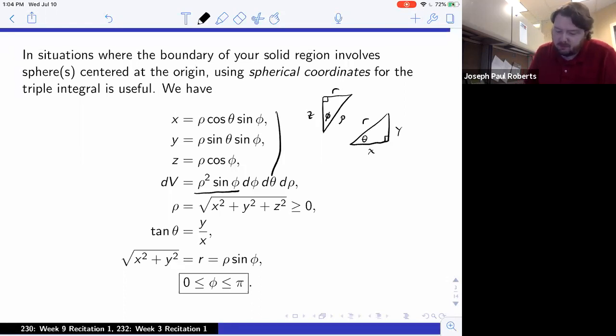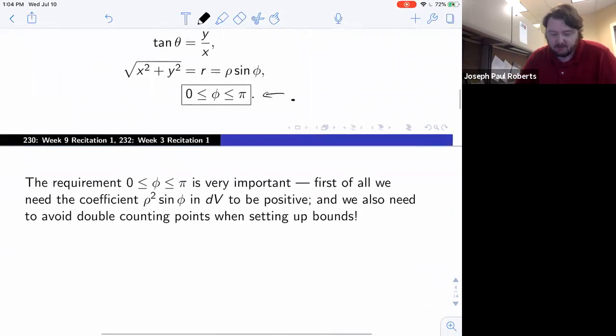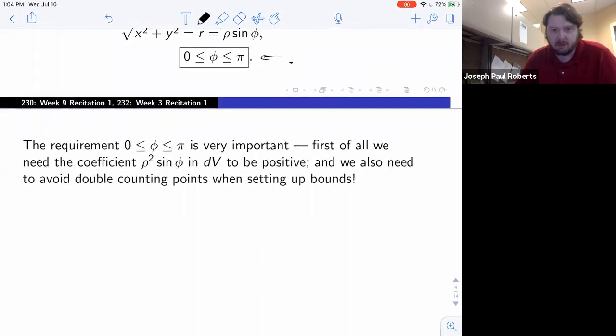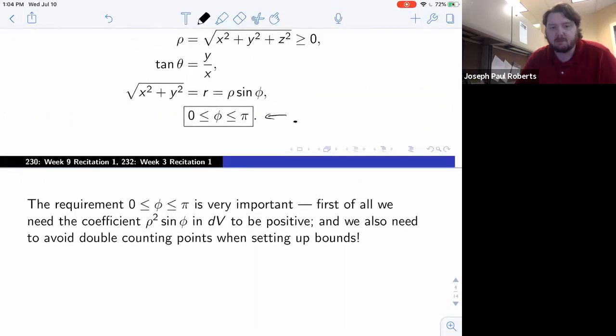But anyway, the other big thing was phi between 0 and pi. And phi between 0 and pi actually does two things for us. First of all, it keeps that coefficient on dV positive, which we want.